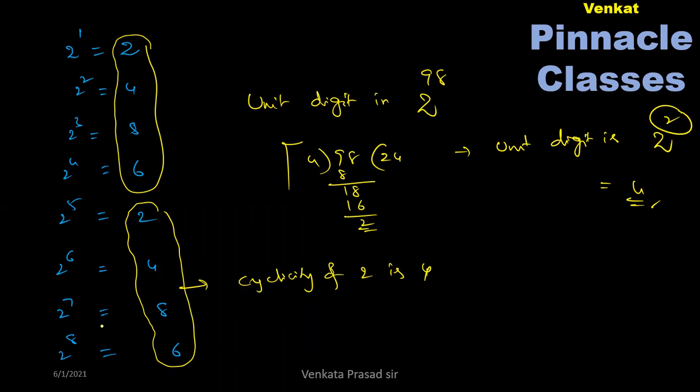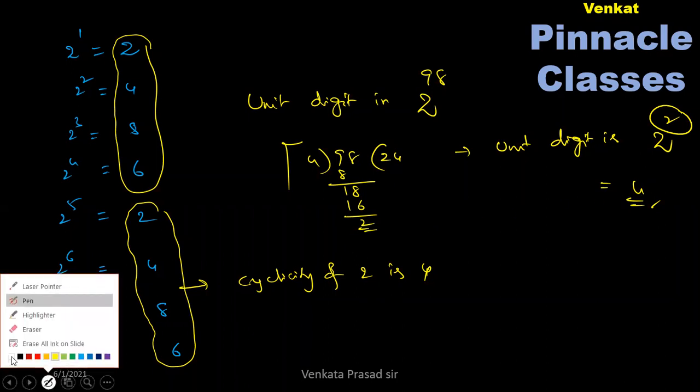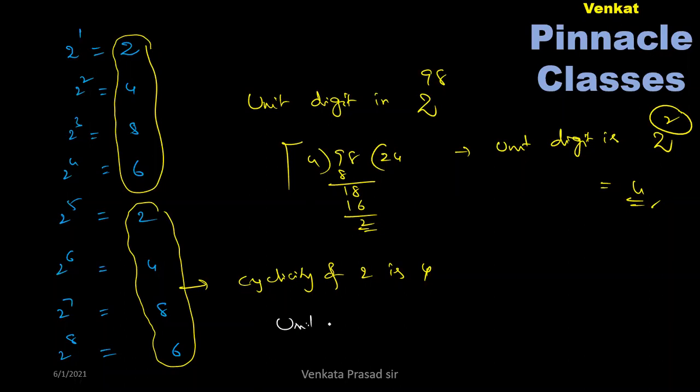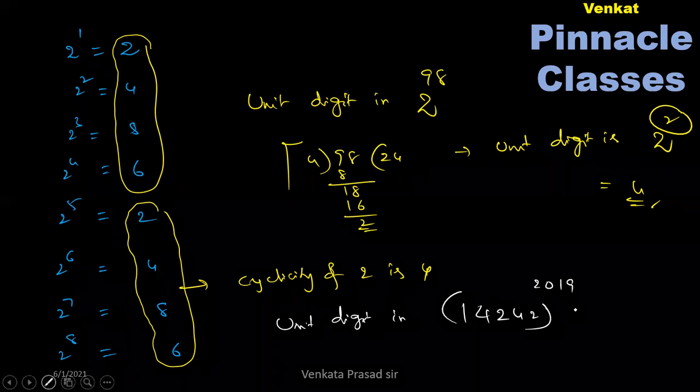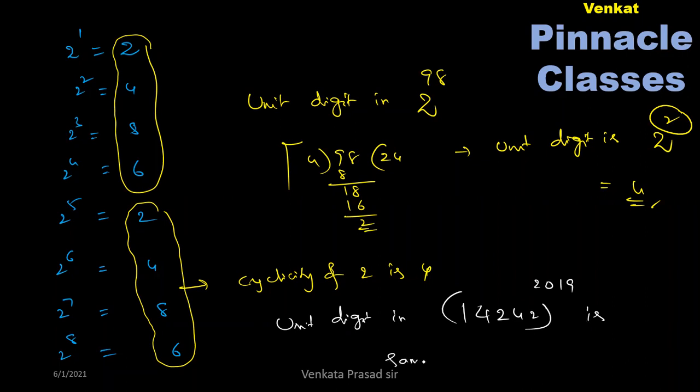One more example. Ready? Find the unit digit in 14242 whole power. What is the unit digit in this number? It is the same as the unit digit in 2 power 2019.